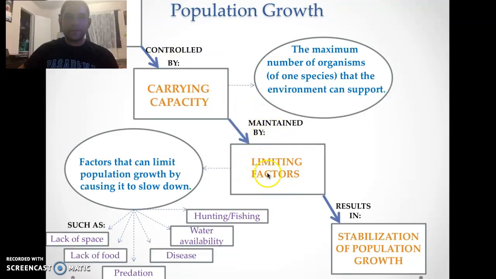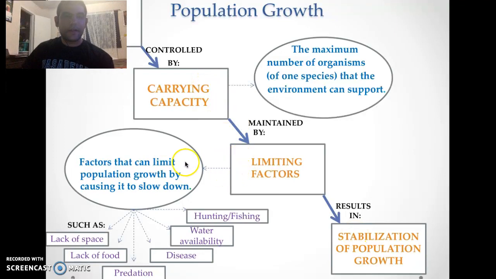That's going to always be maintained by some factors, which results in a stabilization of the population. So again, once you reach that cap, that carrying capacity, pretty much the environment reaches a stability for that specific population.